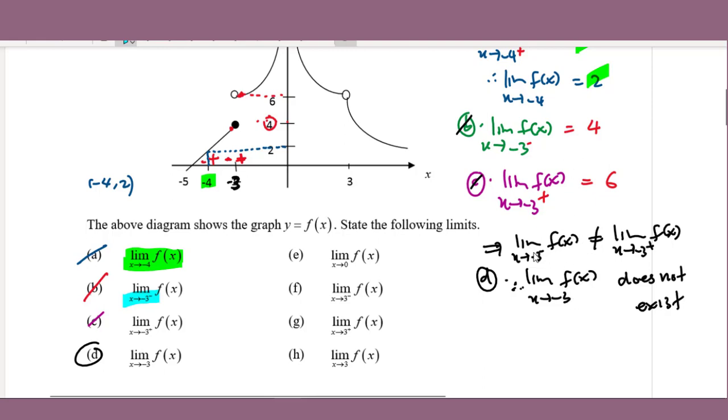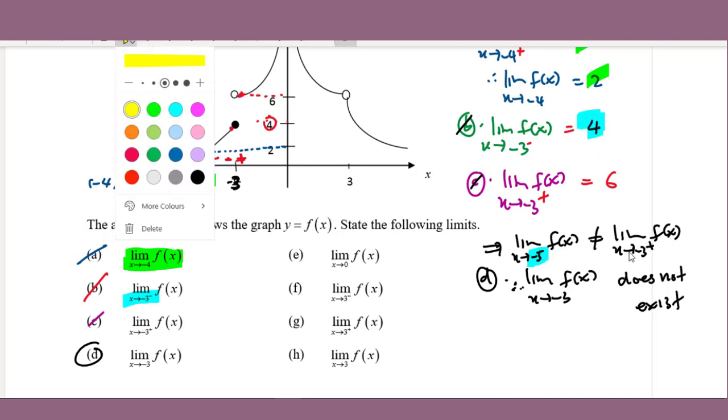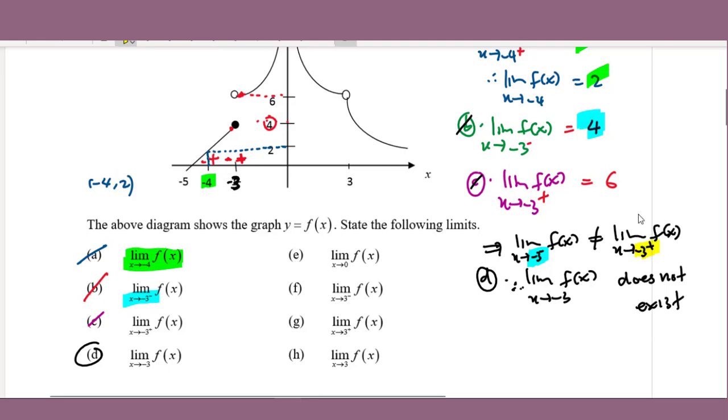Why? To find the limit in D, from B and C, the limit as x approaches -3 from the left is not equal to the limit from the right. When x approaches -3 from the left, the limit is 4. When x approaches -3 from the right, the limit is 6. So the limit as x approaches -3 does not exist.